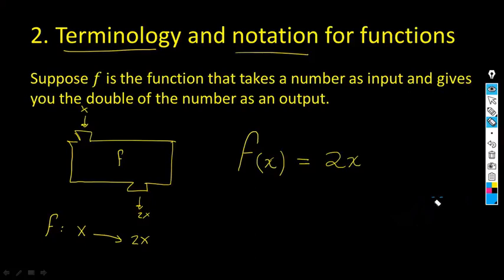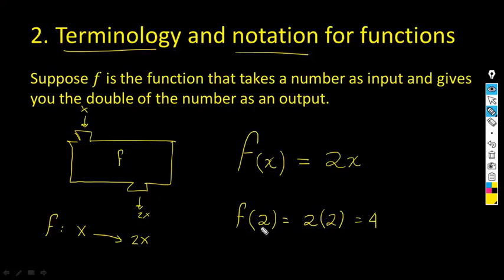For example, what does this function give you when you give it the number 2? It's going to give you the number 4, right? So we represent that in the following way. The value of the function f for the argument equal to 2 is 2 times 2, which is equal to 4, right?